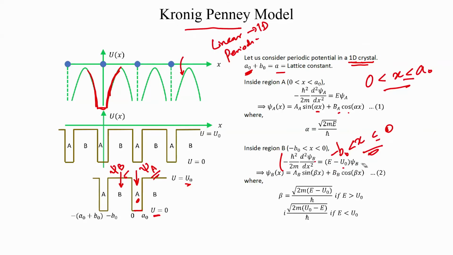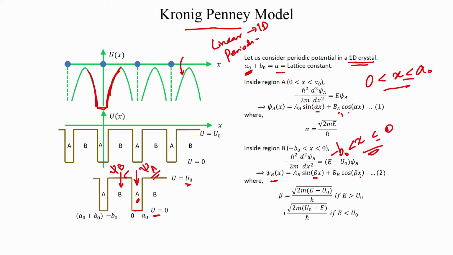The general solution is also of this form, but with two different possible cases. Here you have the coefficients A_B and B_B that form the prefactors to the terms sine beta x and cosine beta x. Therefore the solution is A_B sine beta x plus B_B cosine beta x is equal to psi b of x.